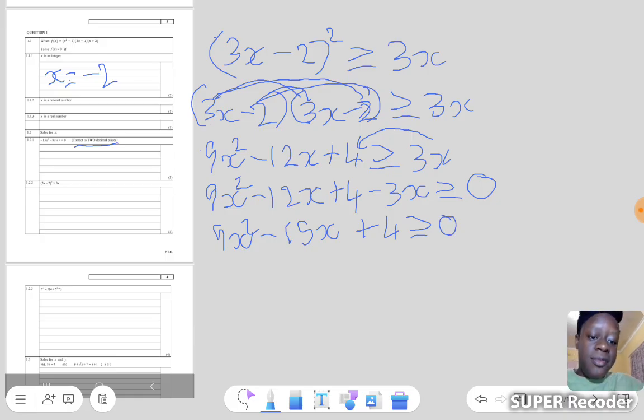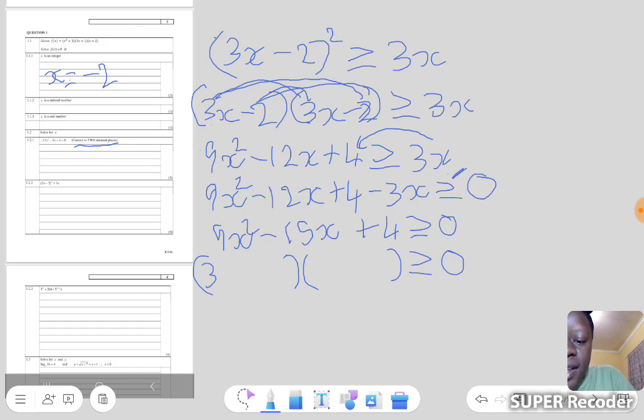And before I forget, you'll find that learners changed the sign here. We only change the sign at the final stage, not anywhere near where we are still finding which x we are supposed to get. So when you get factors for 9x squared, we have 3x.